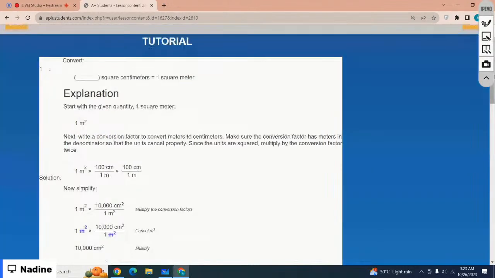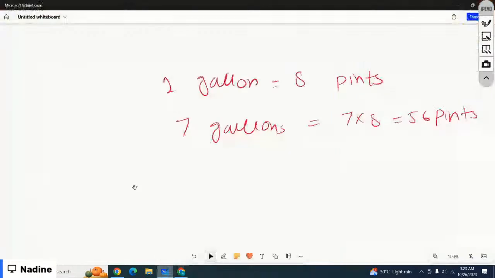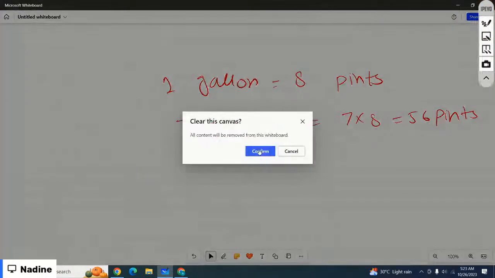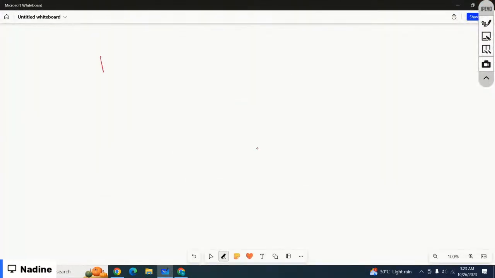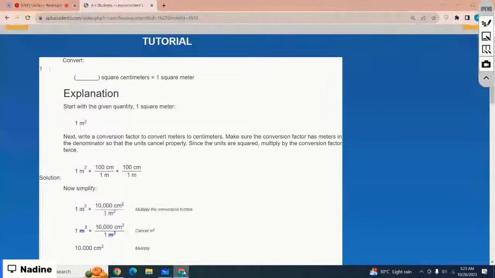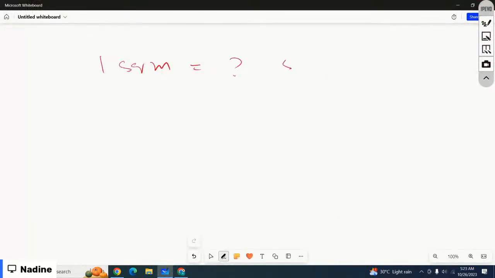Let's just do it in a simple way. 1 square meter equals how many square centimeters?